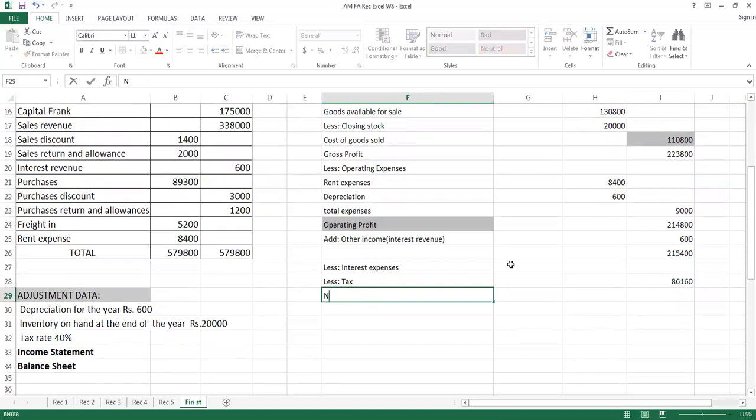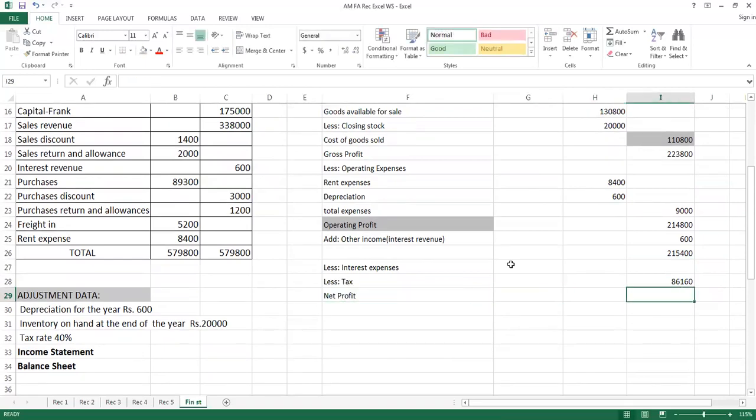So to reach net profit, we need the profit that you earn, and in case you minus interest expenses, you will take that one. Otherwise you will take this profit in which you added other income, and you will minus taxes that you will pay to the government.